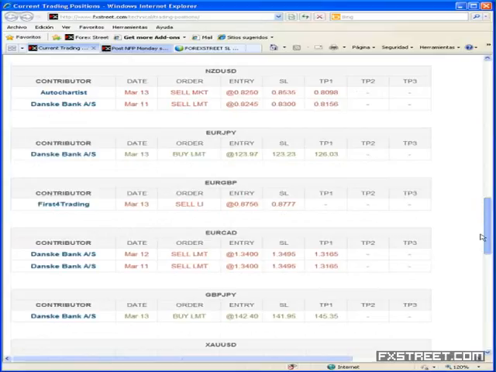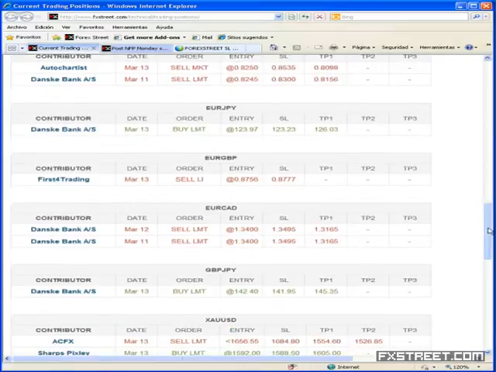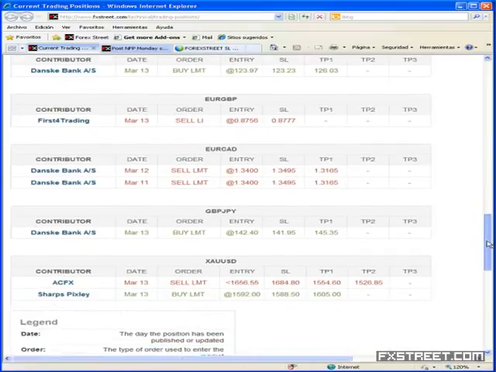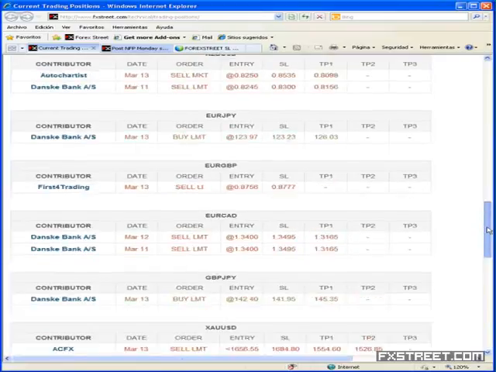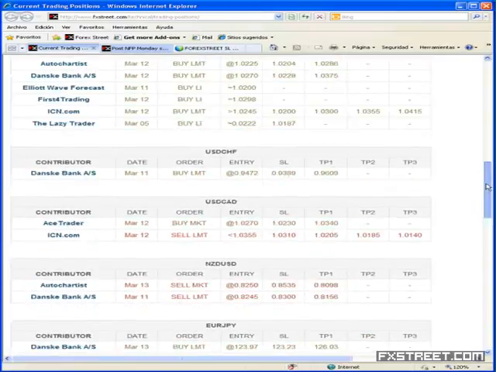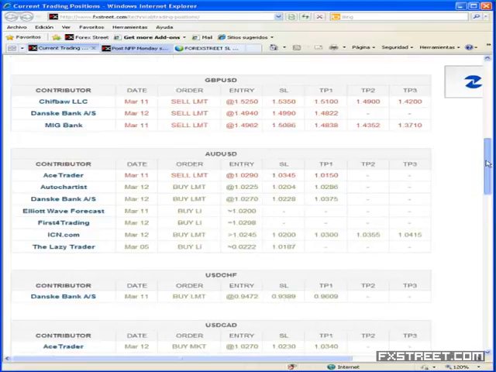We also cover several crosses, specifically euro crosses, and also gold, which is one of the markets we cover, since there are quite a few contributors analyzing the gold market, and a few of them are contributing with specific ideas. So we thought of including it in this project.